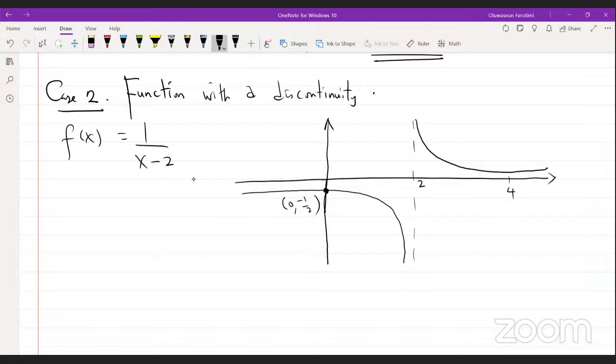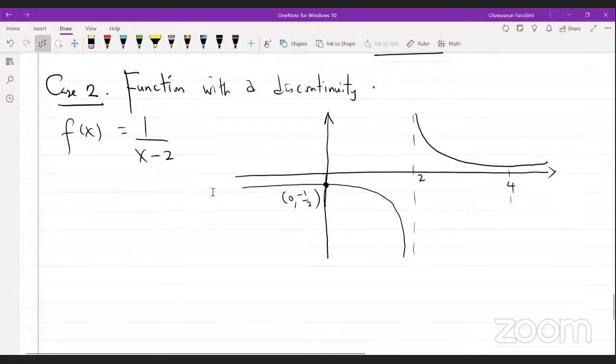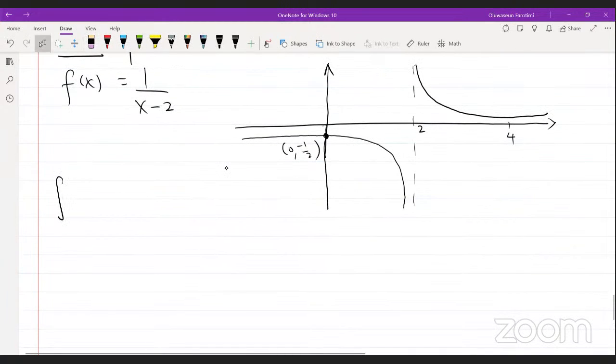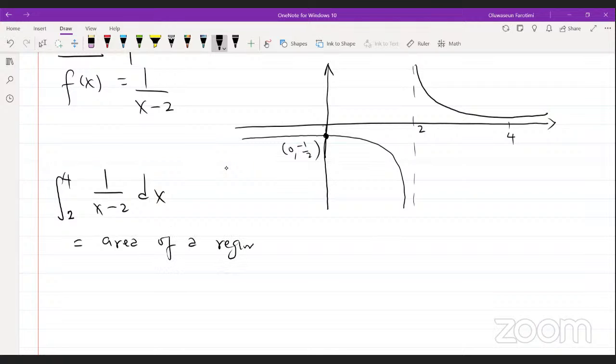All right. So, in terms of integral, what if I'm told to integrate this guy? This is just going to be the area of a region which is infinite in a vertical direction.